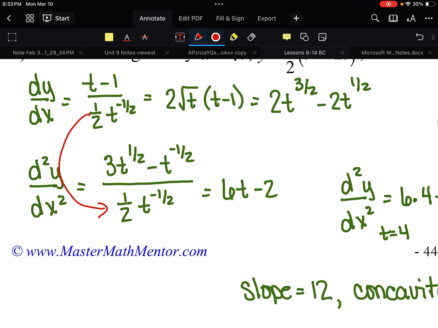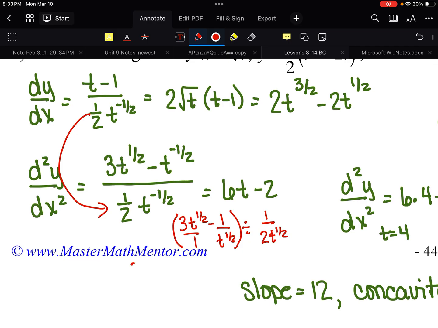So that's 3t to the 1/2 minus 1 over t to the 1/2 divided by 1 over 2 t to the 1/2.